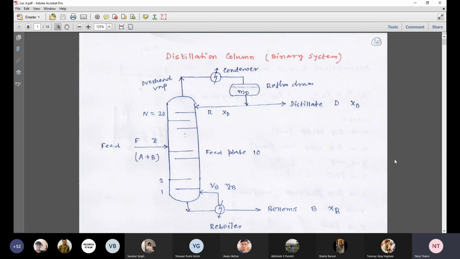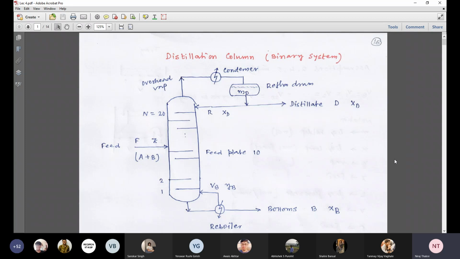If I did, let me repeat. This distillation column accounts for 10% of the total industrial energy consumption in the United States. I repeat, distillation columns share 10% of the total industrial energy consumption in the United States.